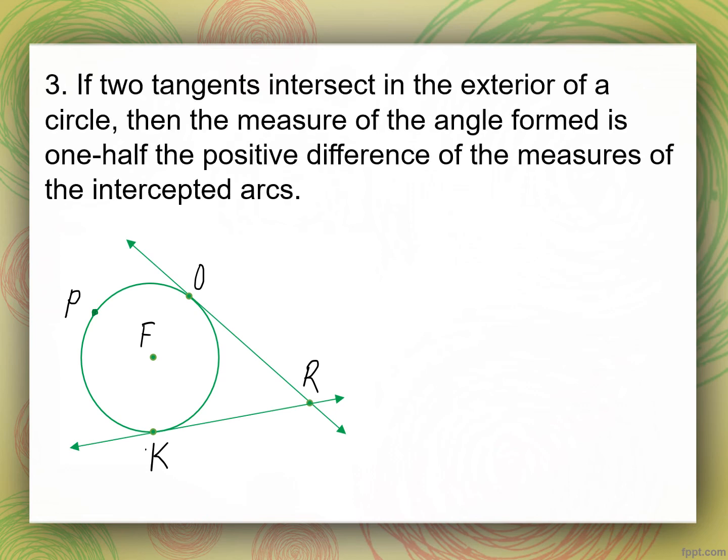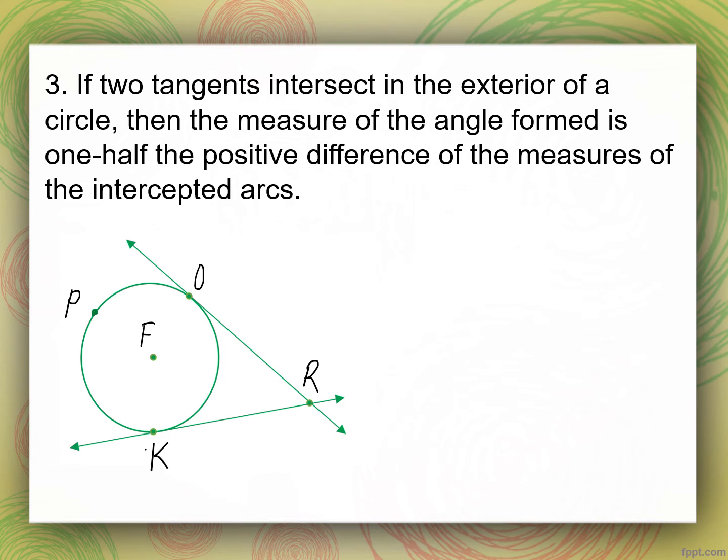Okay, so this time we have two tangents. If two tangents intersect in the exterior of a circle, then the measure of the angle formed is 1/2 the positive difference of the measures of the intercepted arcs. So just the same as the two previous theorems, right? Only that the given here are tangent segments, or tangent lines. So to solve for the angle formed at the exterior of the circle, here in the given figure, that would be angle ORK.